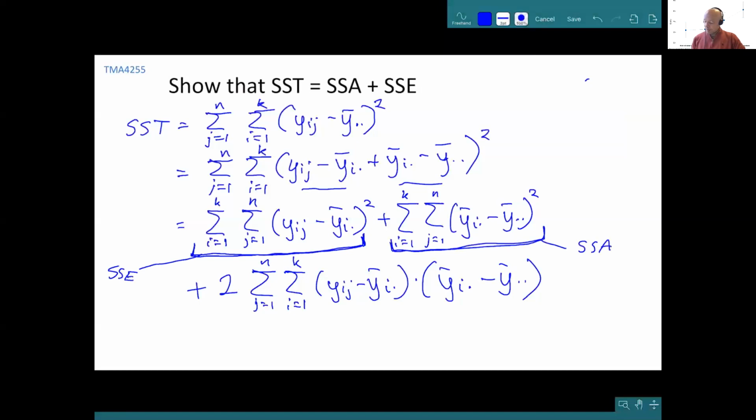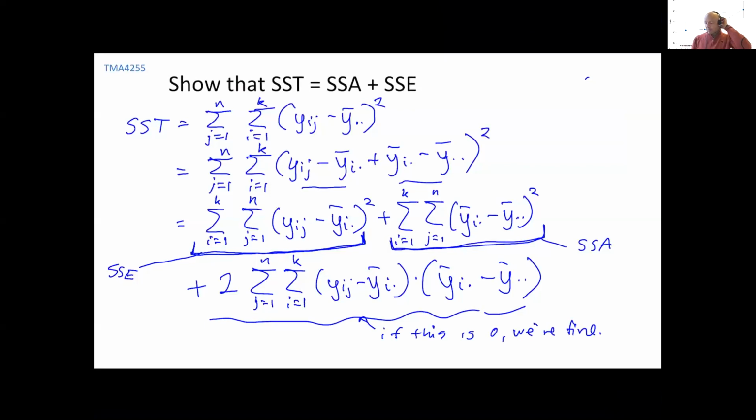The tricky part is this thing here at the bottom, which we didn't have. So if we can prove that this thing is 0, we're fine. And this is not so tricky to prove in our case.